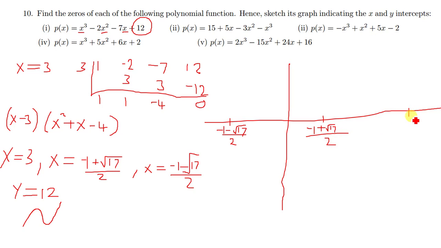Then finally there you have your 3. So we know that the graph is supposed to come out like this. So this part where it cuts the y-axis, this is where we have our y-intercept, which is 12.